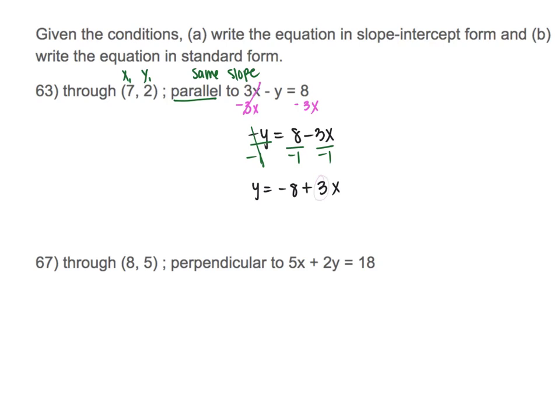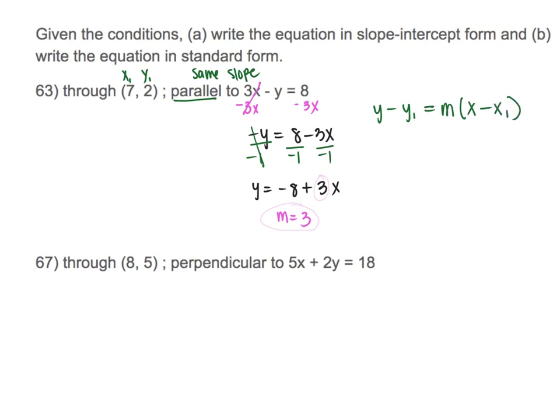So if this slope is a 3, and I need this line that I'm going to make to be parallel, I'm going to reuse this slope. So what I'm going to do is basically use that equation as I did before. I have y minus y1 equals m times x minus x1.